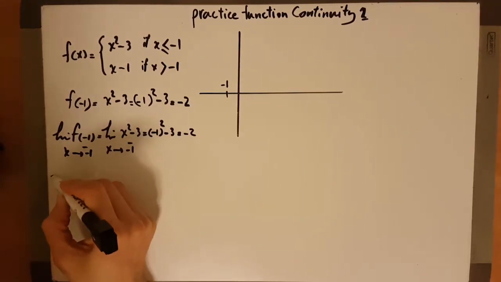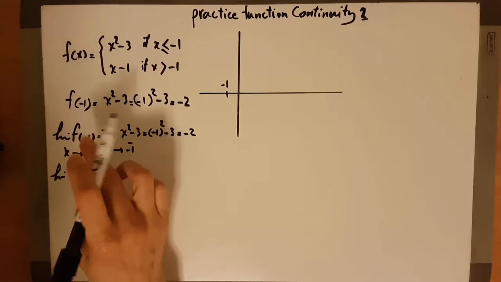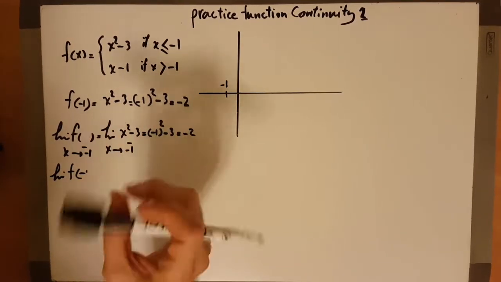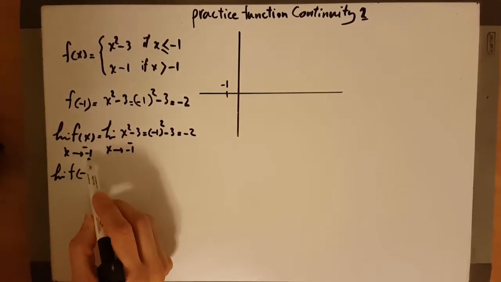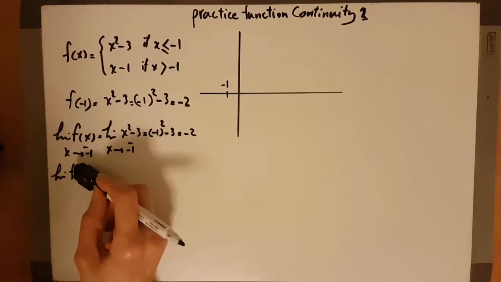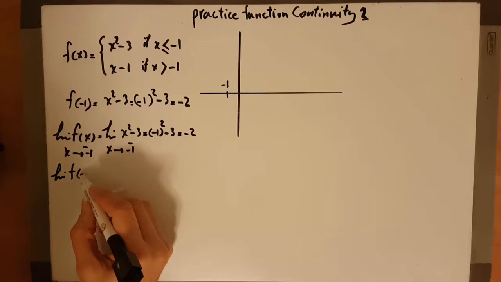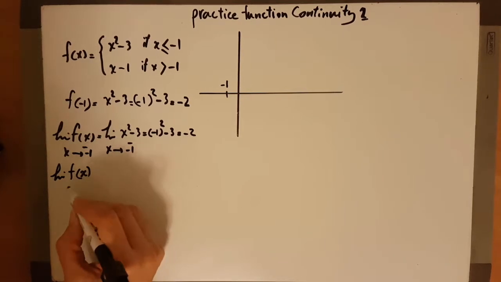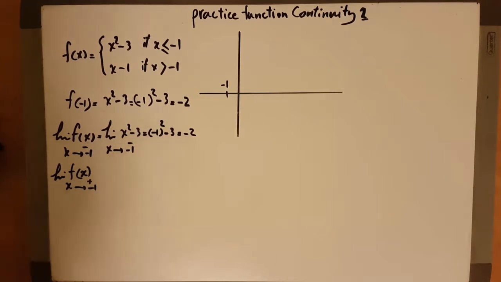And now let's look at the right side. Oops, sorry, I should have written f(x) here: limit of f(x) if x goes to -1 from the left side. And in here, limit of f(x) if x goes to -1 from the right side.